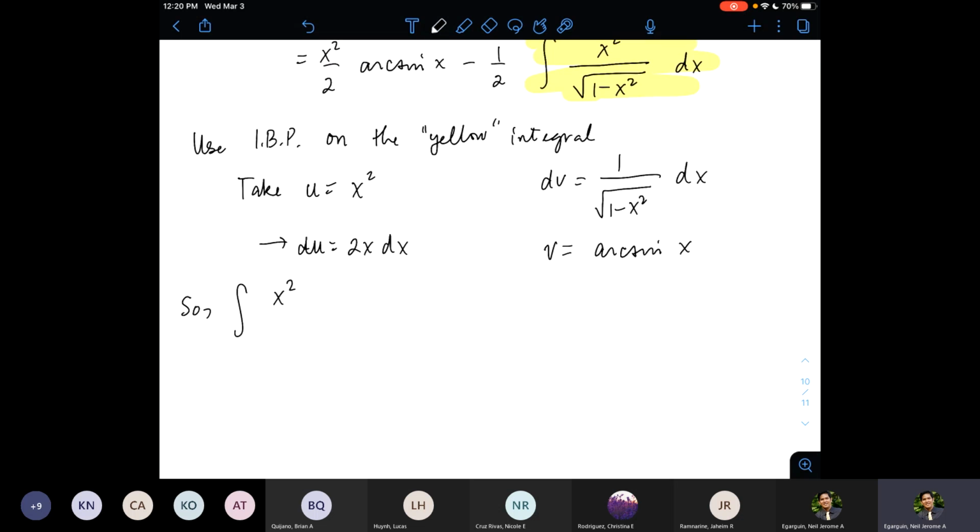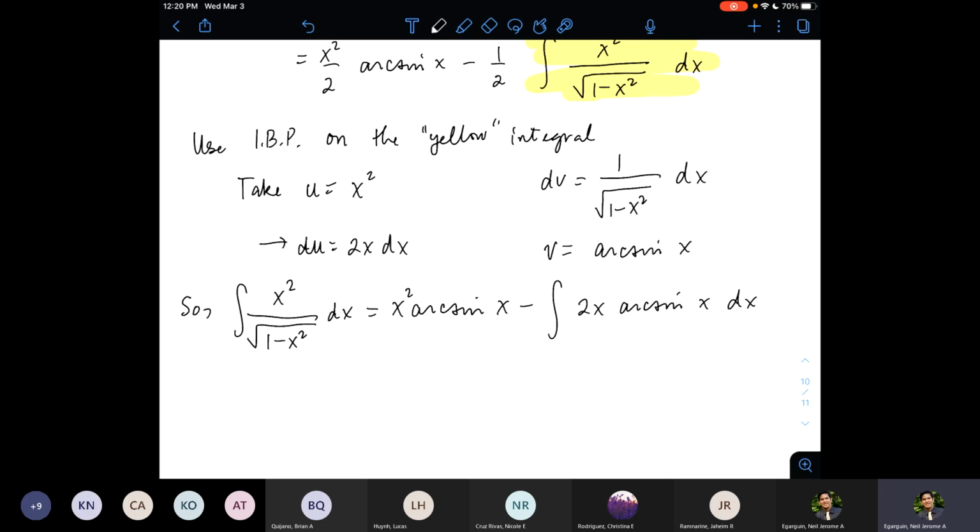Okay. So the yellow integral, x squared over root of 1 minus x squared dx, can be written as x squared arcsine of x minus integral of v du. That's going to be 2x arcsine of x dx.